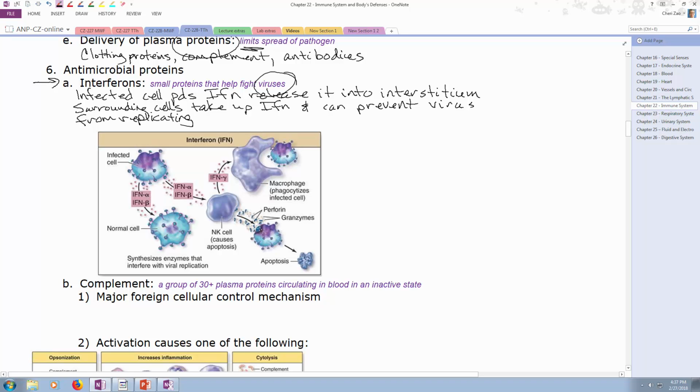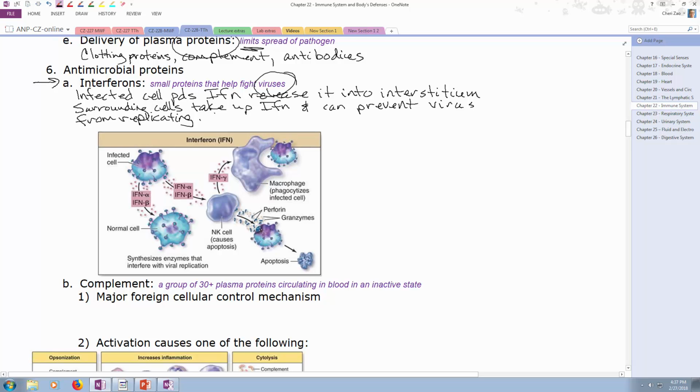Because that's what a virus does. A virus goes into a cell, takes over the cell's machinery to replicate itself. Well, interferon is produced by the cell that's going to die. It got infected with the virus. It cannot survive and protect itself, but it can help its neighbors. And so it produces the interferon, lets its friends know that this is going on. They take up the interferon, and then the virus cannot replicate inside the adjacent cells that actually take up the interferon.